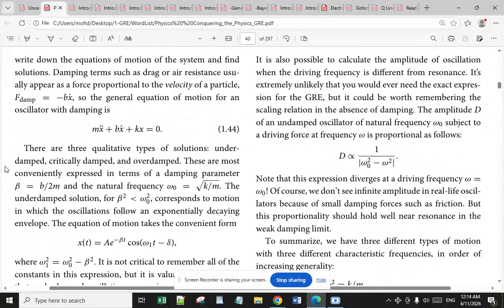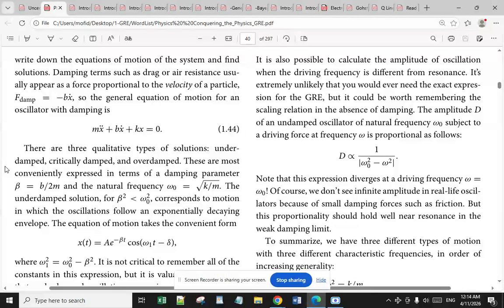These are most conveniently expressed in terms of the damping parameter beta, which is equal to b divided by 2m, and the natural frequency omega 0, which is equal to the square root of k divided by m. The underdamped solution, for beta squared less than omega 0 squared, corresponds to the motion in which the oscillations follow an exponentially decaying envelope.